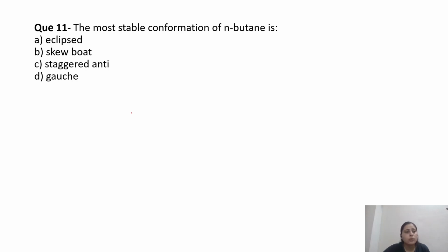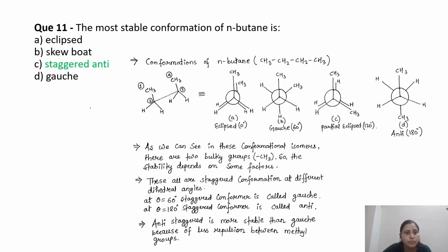So let's see by drawing its structure. In this question, option C is correct, which says that the staggered anti is the most stable. When we draw this conformation of n-butane, we can see this is the structure. For the carbon atoms 1 and 4 in the eclipsed structure, which is at 0 degree, both of the methyl groups are very near.